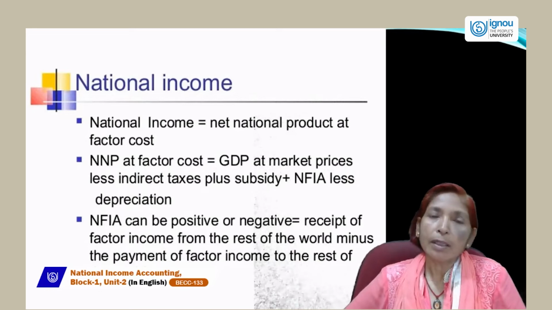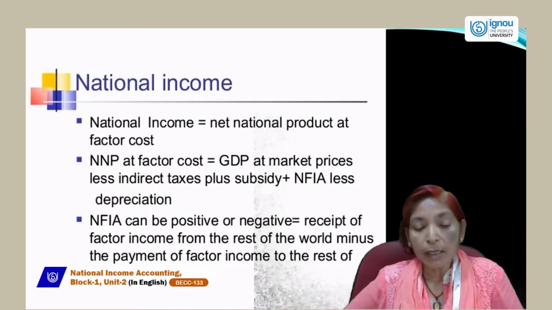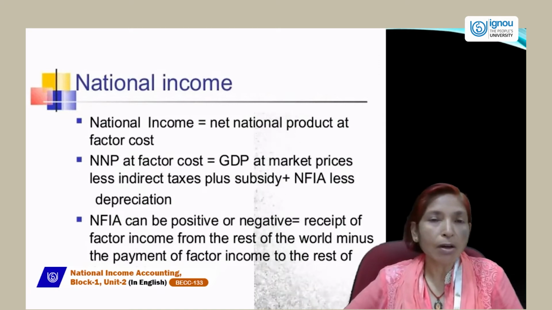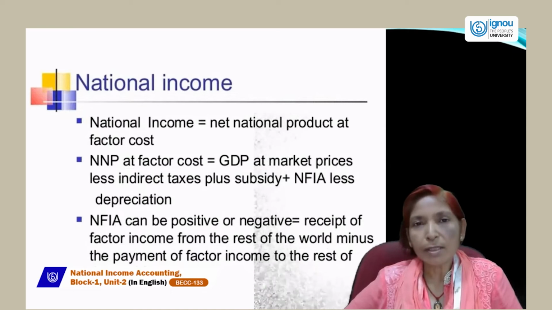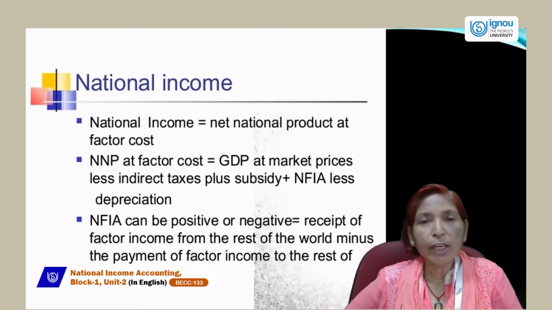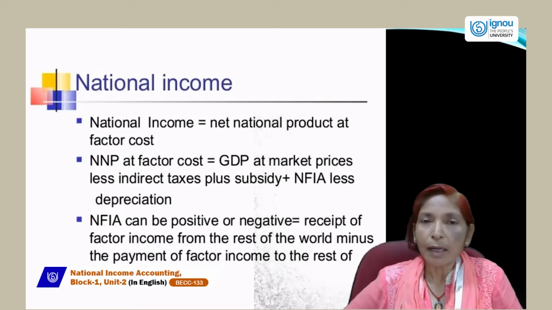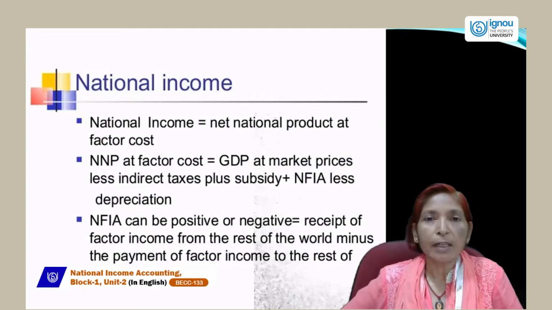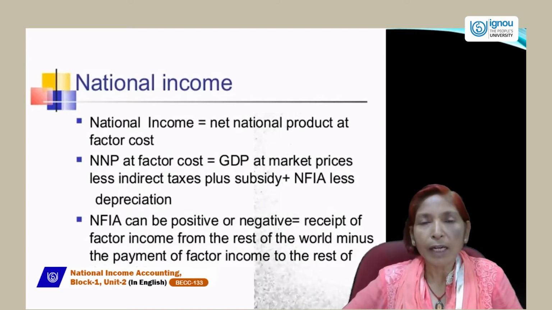Now, the third main thing is gross and net. There is a difference between gross and net concept. In gross concept, depreciation value is included, and in net concept, depreciation is excluded. If we are given gross value, then we can get net value. How? Only by deducting depreciation. If we deduct depreciation from gross value, then we can get net value.